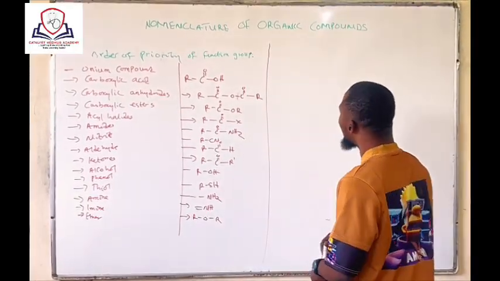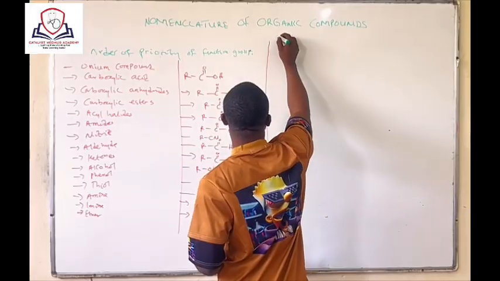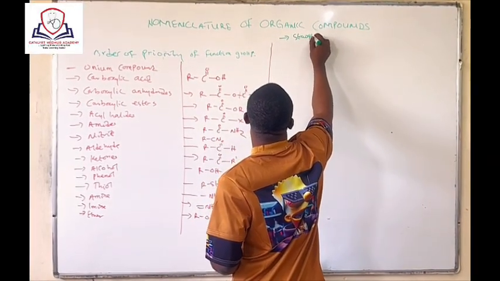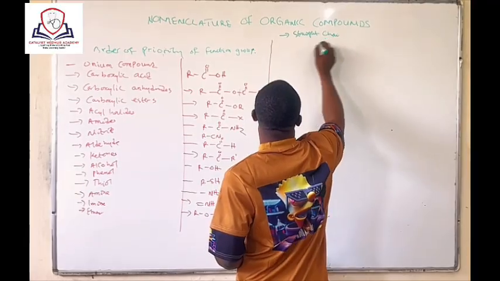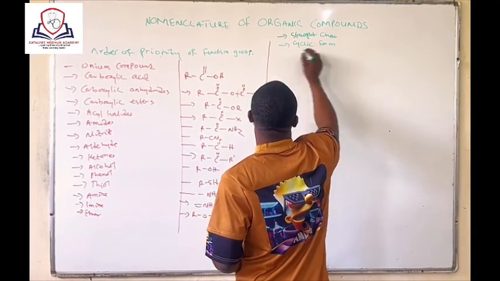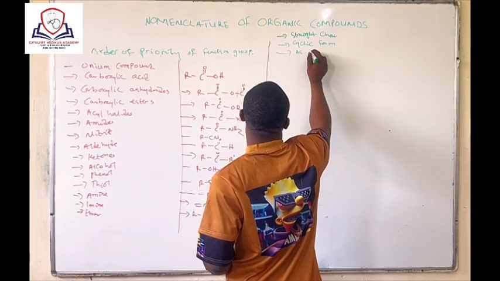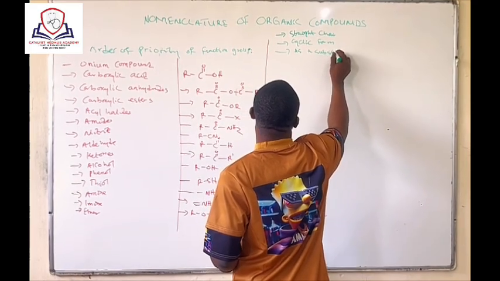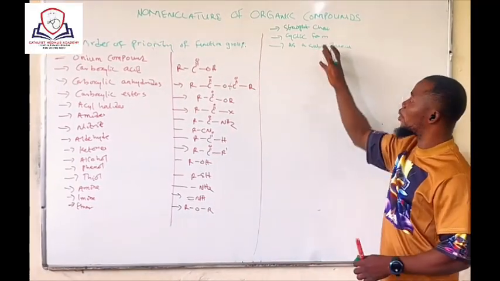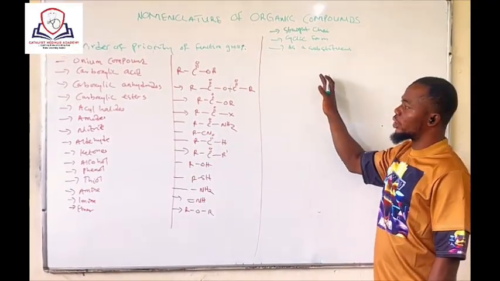In each functional group, know their name in straight chain, know their name in cyclic form, and know their name when they serve as a substituent.